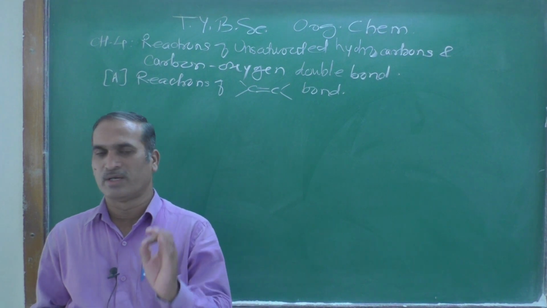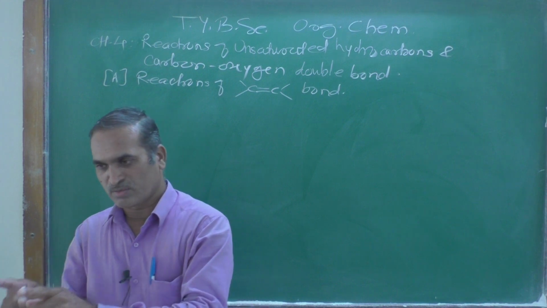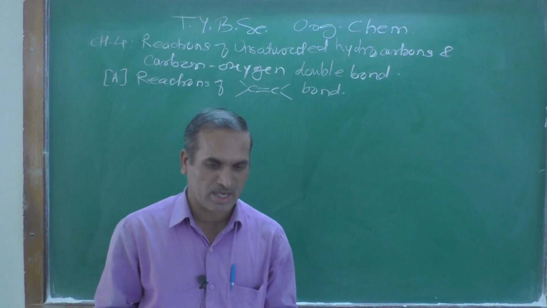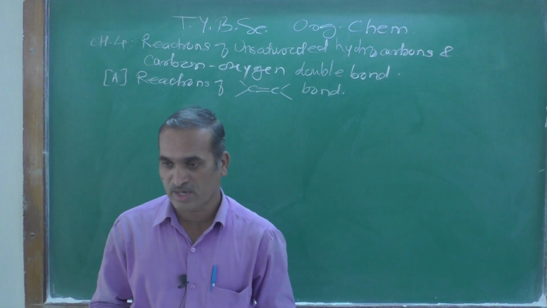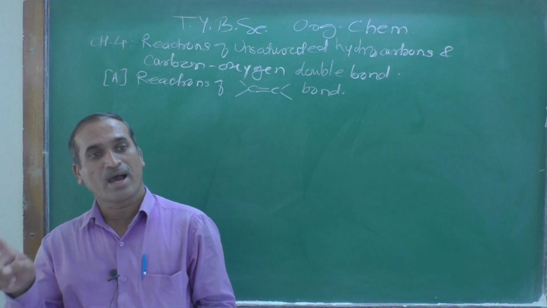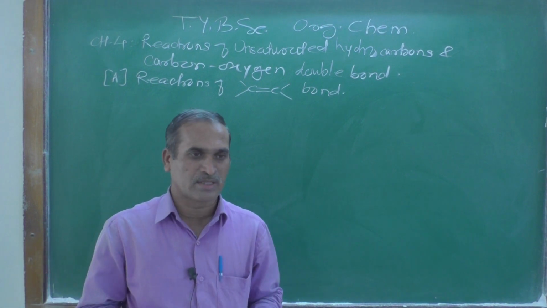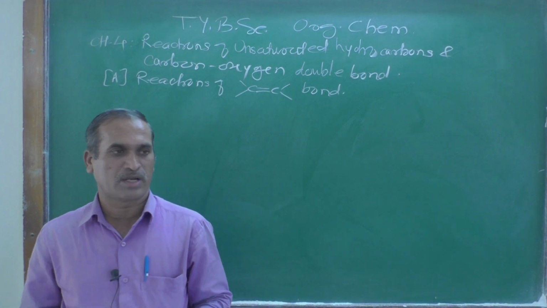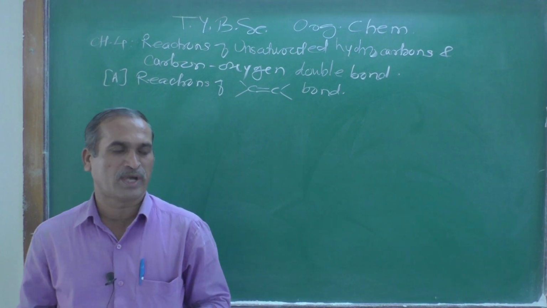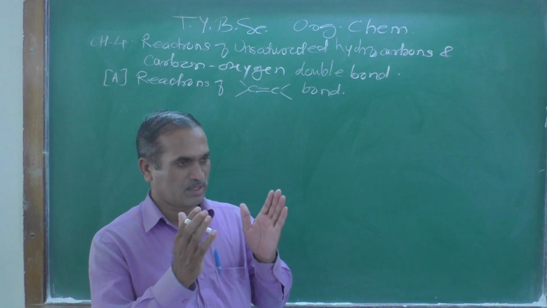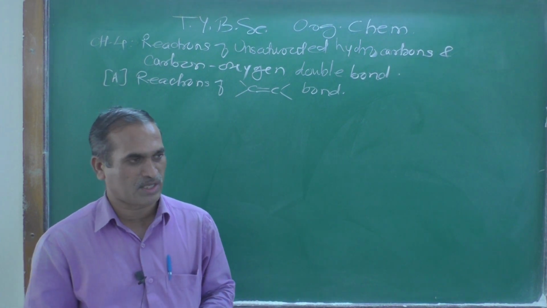Mainly we learned the SN1 reaction, the SN2 reaction, and a third one, the SNi reaction, with their mechanism, kinetic study, approach of nucleophile attack, then the energy profile diagram, then stereochemistry.